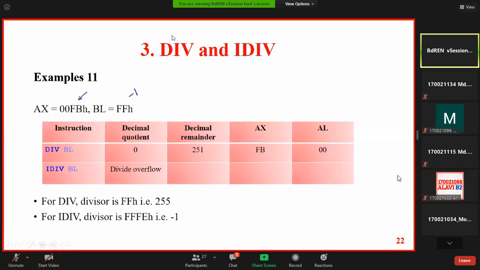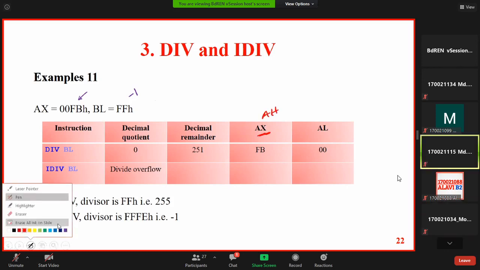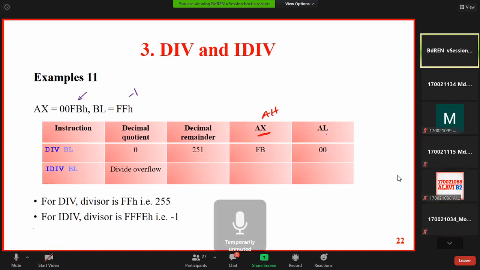Sorry. So basically, this should be AH, isn't it? Because the result will be in AL and the remainder in AH, because it is a byte division.